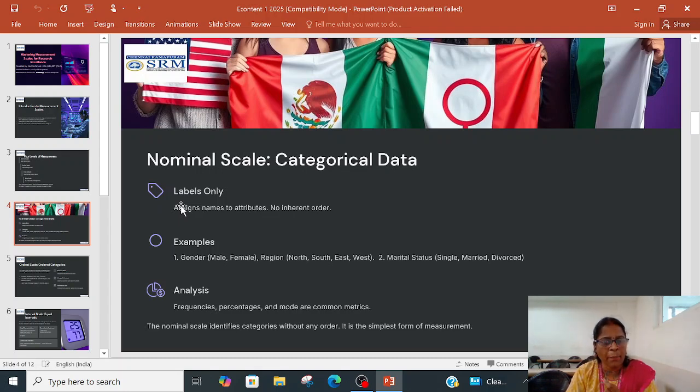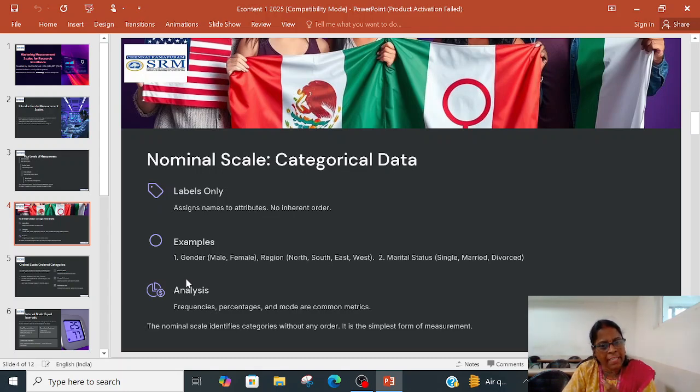First one, nominal scale. I have already told you categorical data are used here. So here we are using this only for labeling purposes. Here we are labeling the data, which means assigning names to attributes. No inherent order is there. Example, for gender, we can assign male, female.